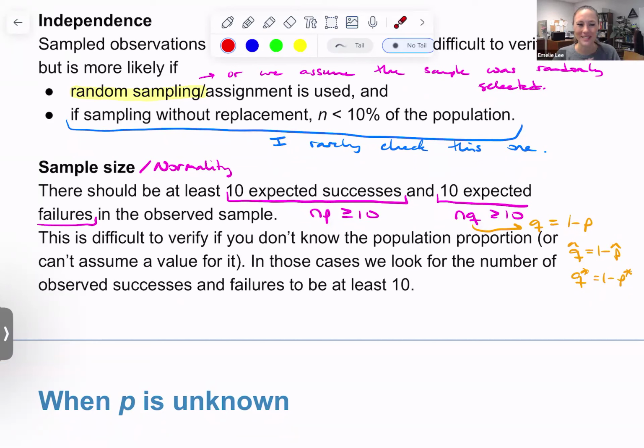We're going to flip-flop on this a little bit later, but for now, just make sure that you have at least 10 successes and at least 10 failures, meaning that your smallest possible sample size is 20. 10 successes, 10 failures, that makes 20. That's unlikely, depending on what your proportion is.